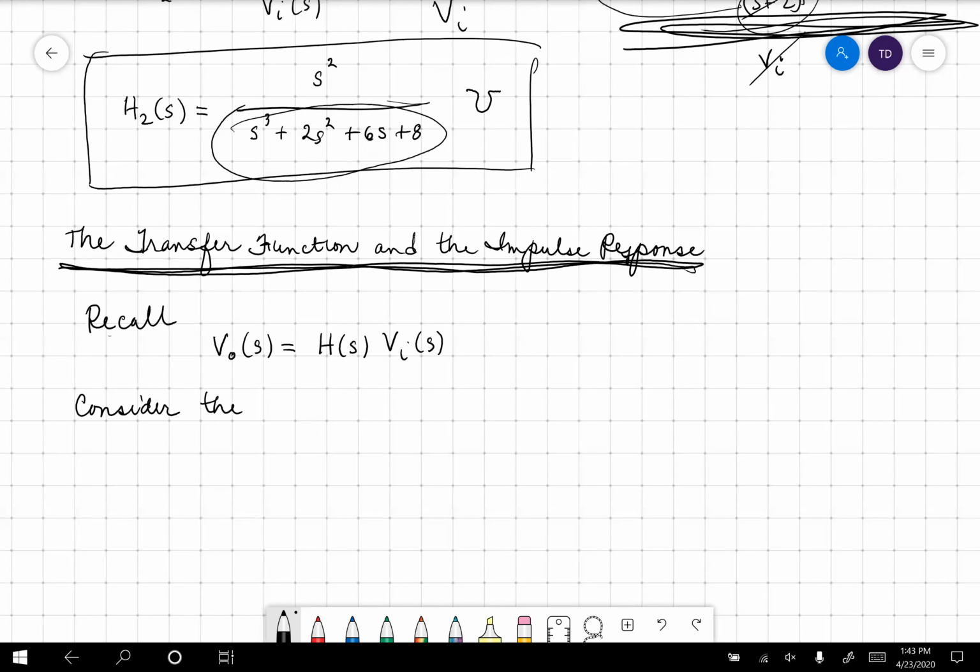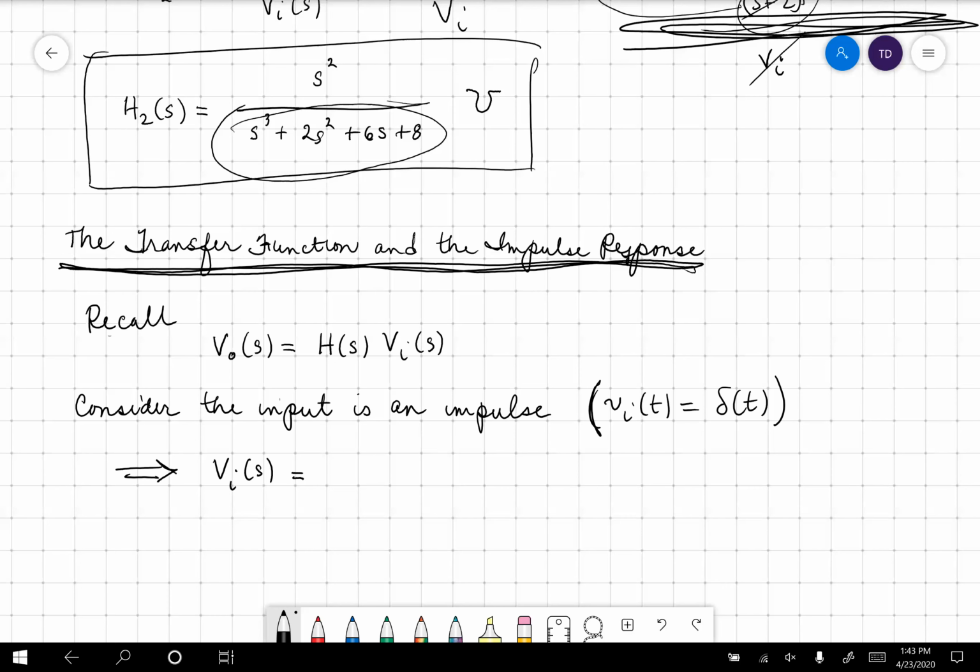Consider the input is an impulse. So that would mean VI of T equals delta of T, not scaled, just delta of T. What's VI of S? What's the Laplace transform of an impulse?